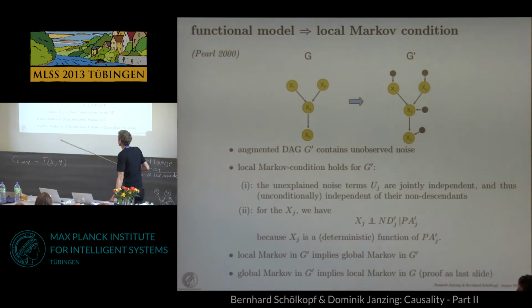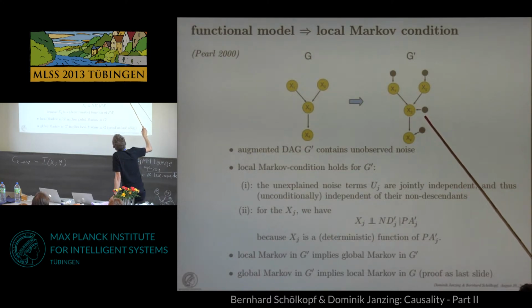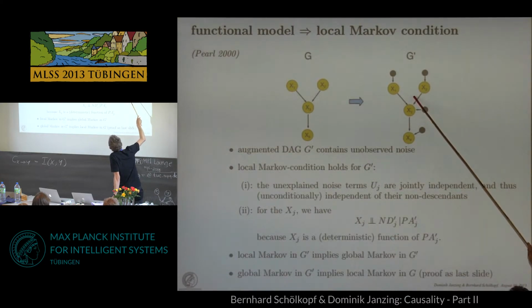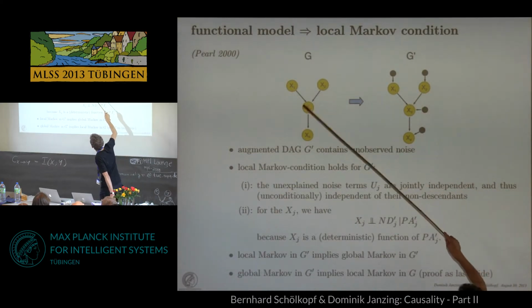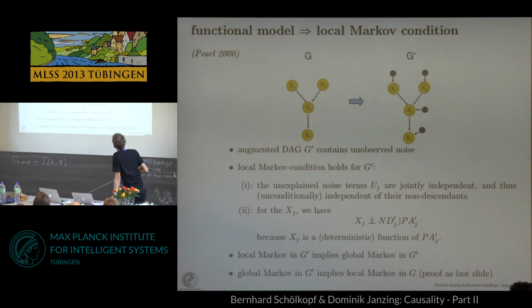And then the global Markov condition in G prime implies the local Markov condition in G, because you just need to check by hand that d-separation in G prime implies the conditional independence that you want in the DAG G. I think there's nothing sophisticated about that.